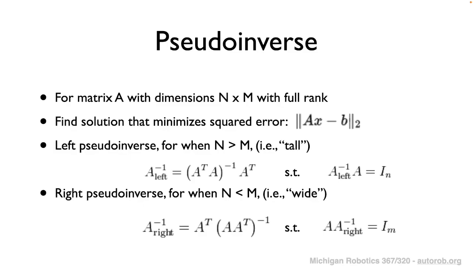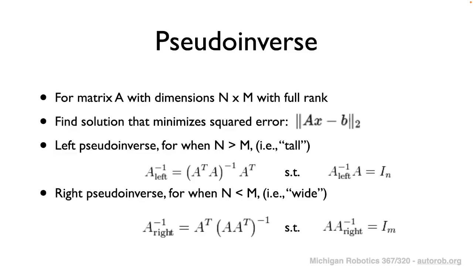So in particular, the definition of pseudo-inverse is given on this slide. For a matrix with some dimensions n by m with full rank, you can find a solution that minimizes the squared error. The left pseudo-inverse, on the other hand, is for cases where the number of rows is larger than the number of columns, and you can see it's defined on this slide here.